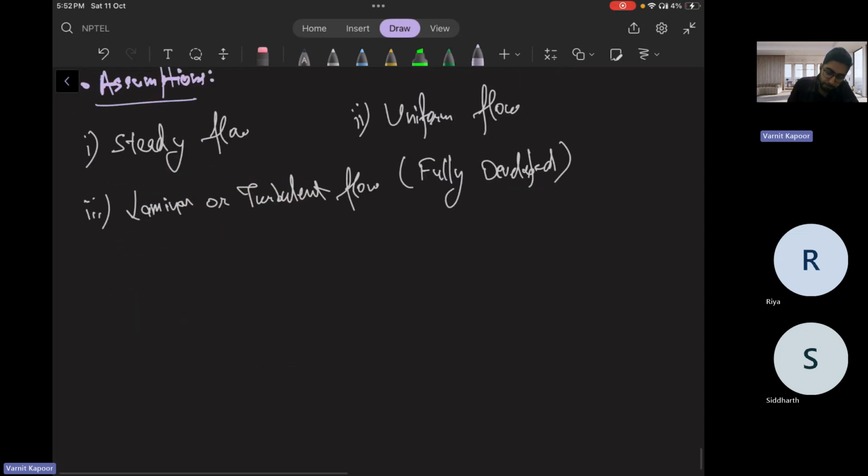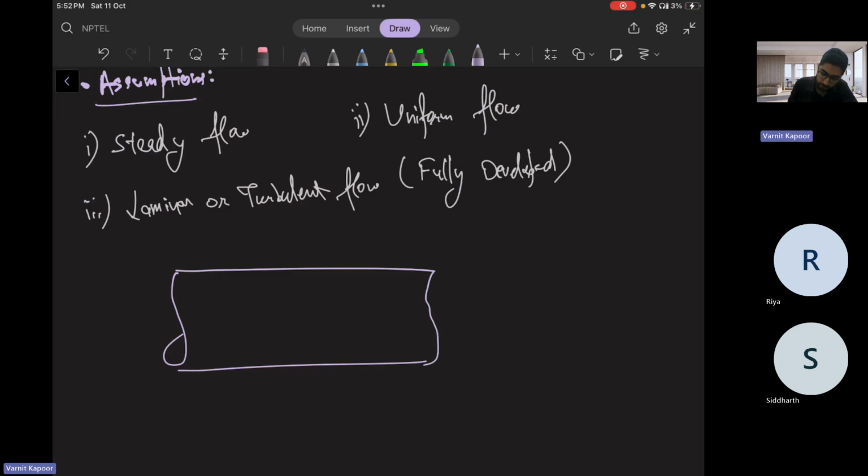So suppose I have a pipe like this. I have a fluid element inside it. Let us assume a cylindrical fluid element I take. Okay. There will be a pressure force which will act from the left hand side. Pressure into area, that is P into pi r square.